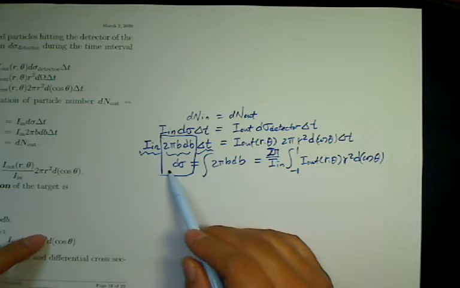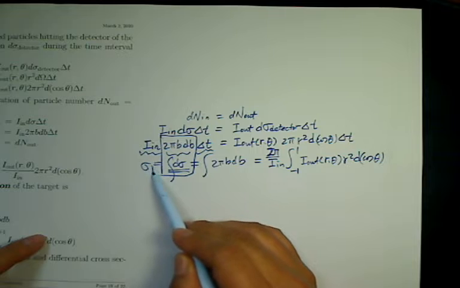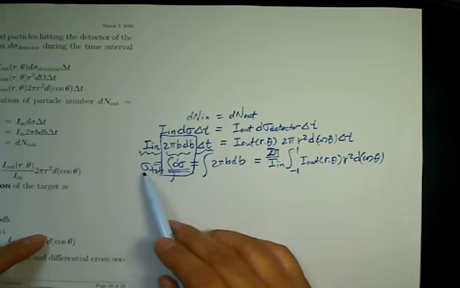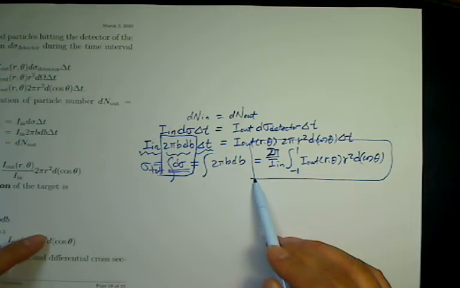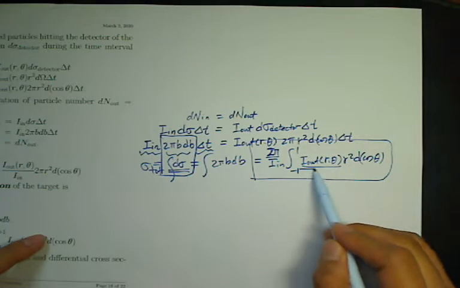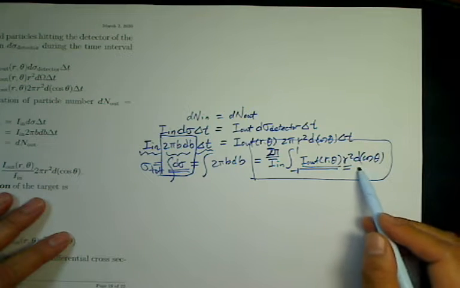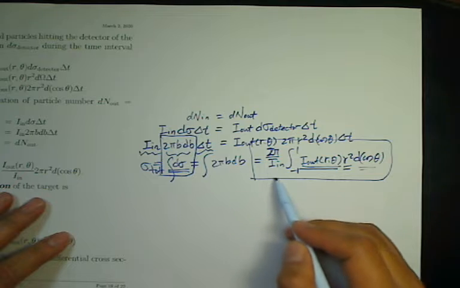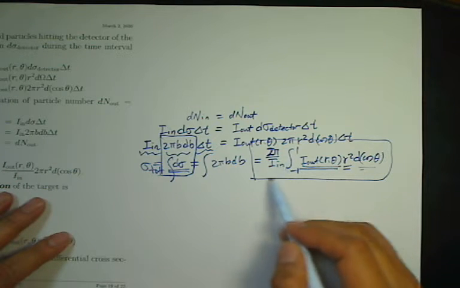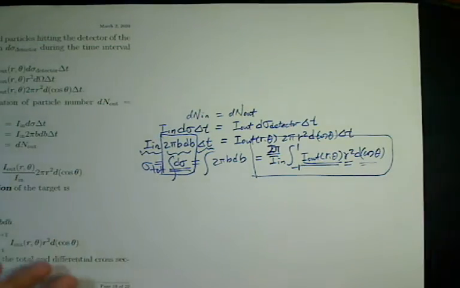The differential cross-section can be integrated out to find the total cross-section. The total cross-section can be measured indirectly by measuring the outgoing intensity multiplied by r squared d omega, 2 pi d omega, divided by the initial intensity of the incident particles.